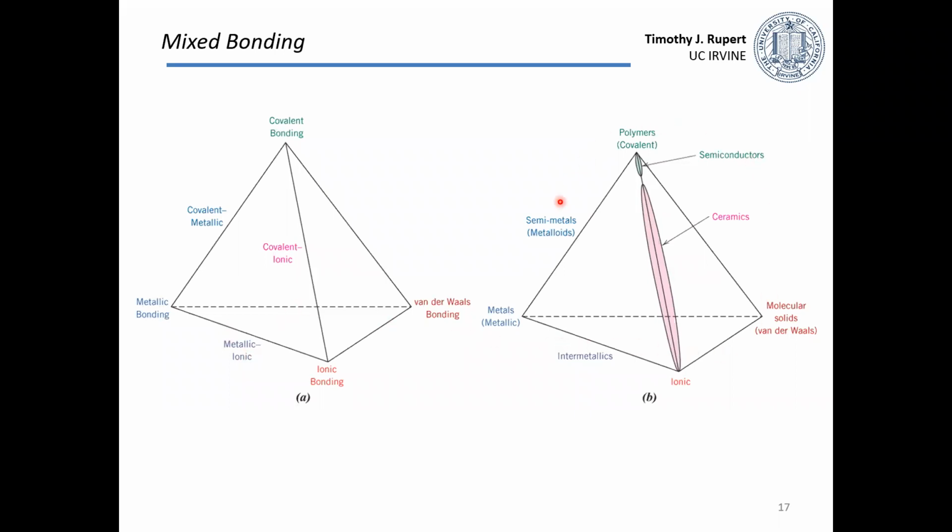On the right figure on this slide, what it's showing is plotting different types of materials. Metals have metallic bonding. Things like semiconductors and polymers often have covalent bonding. Ceramics are all over the board, right?